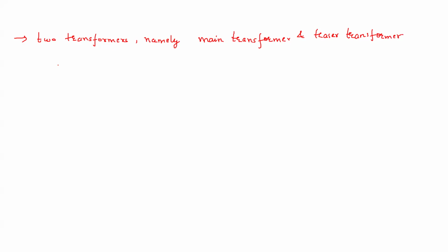If we have to do a three-phase to two-phase conversion, let us see the kind of phasor diagram we will get. So let me draw the phasor diagram. Here, let us suppose that we have a three-phase system like this.